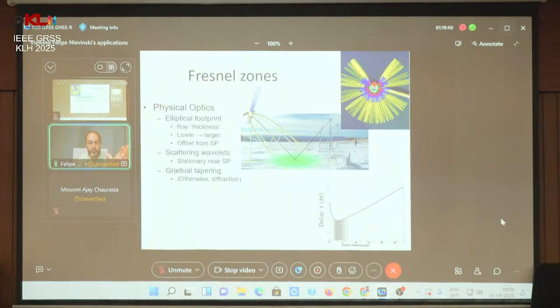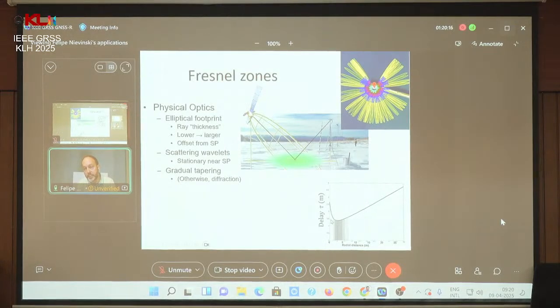That's a rough approximation, but just for you to get an intuition for why the specular reflection naturally arises around the specular point. It's because the bistatic delay is stationary around the specular point. And that's what I tried to represent in this figure. The antenna is at zero distance, and then there's a radial cross section going through the middle of one of these ellipses, and you get the least delay at the specular point.